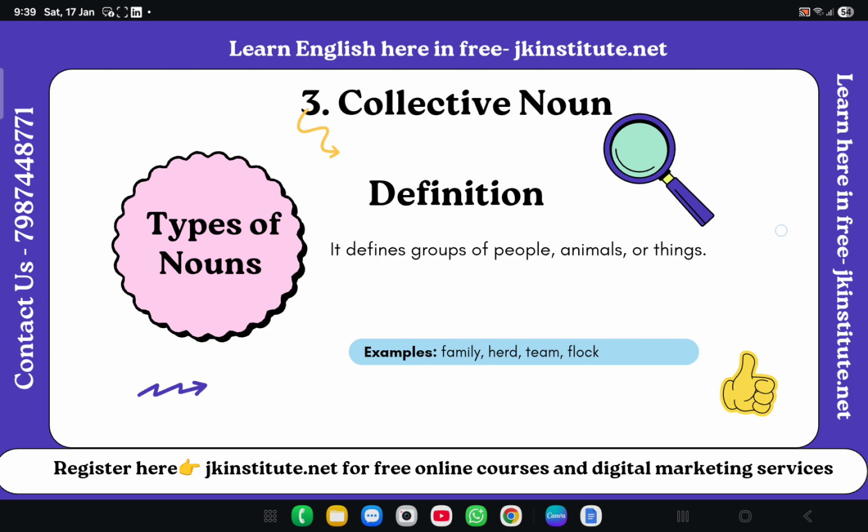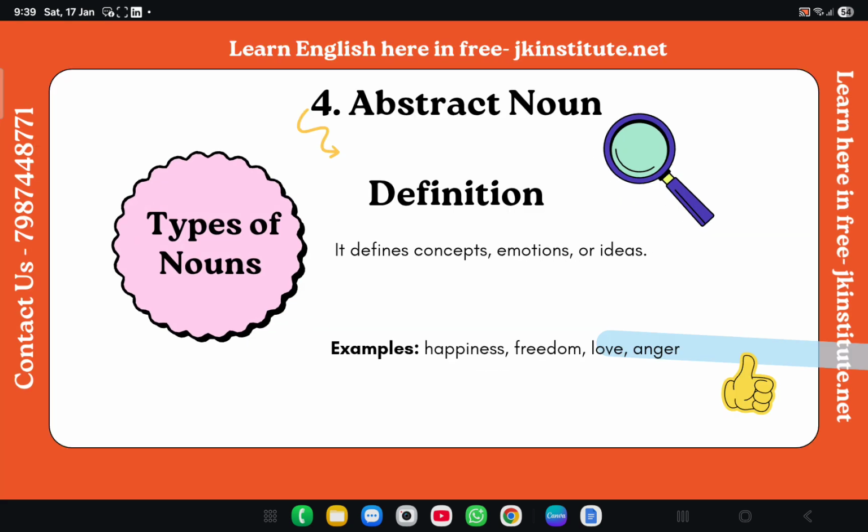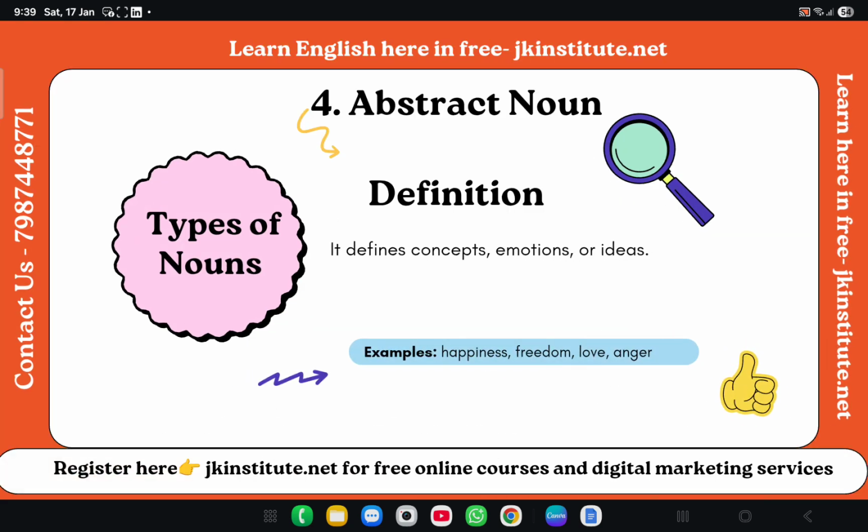Now let's know another kind of noun, the abstract noun. An abstract noun defines emotions, concepts, or ideas. This can be used to recognize emotions, ideas, and concepts.